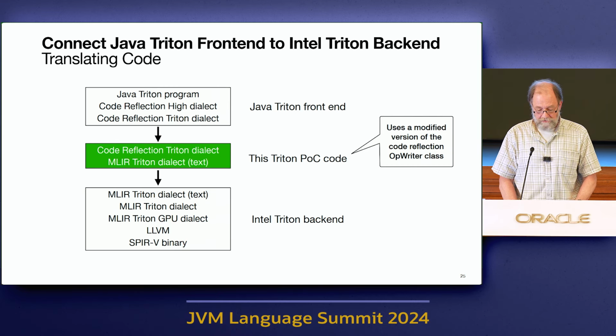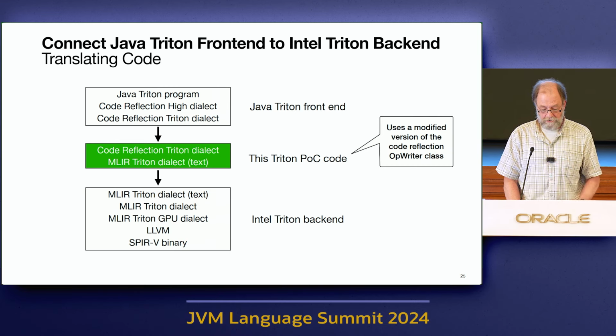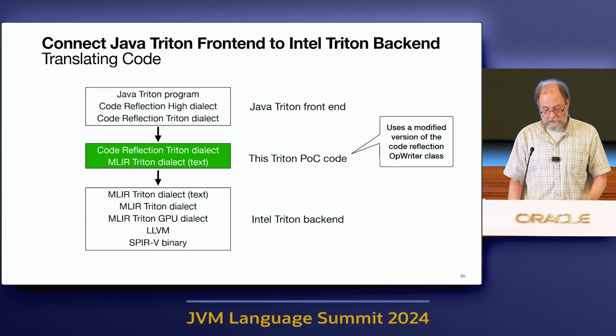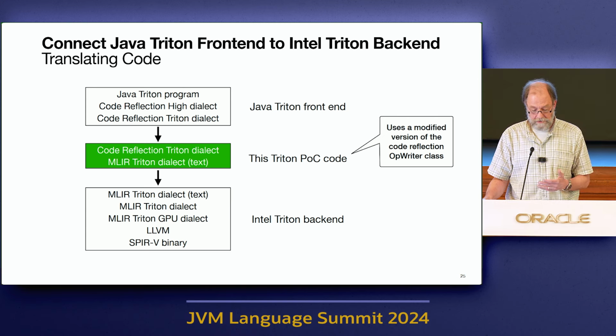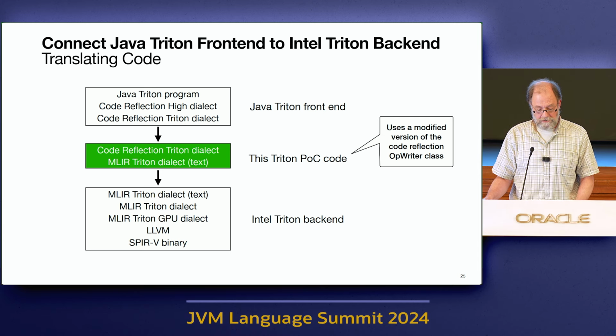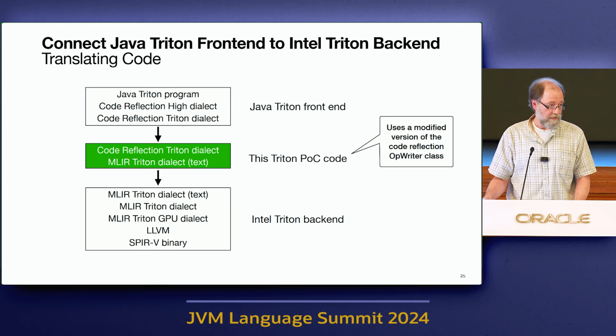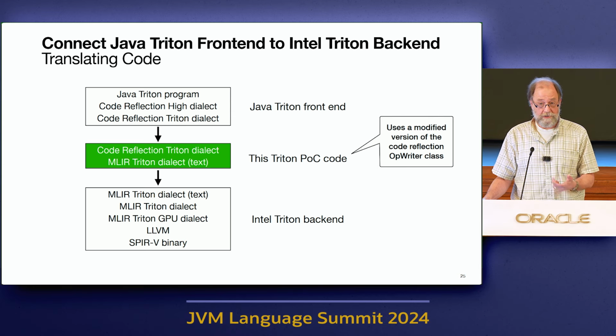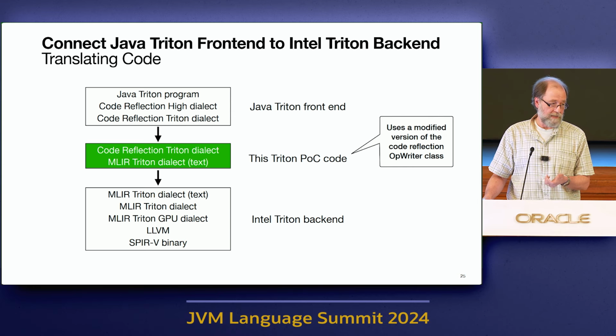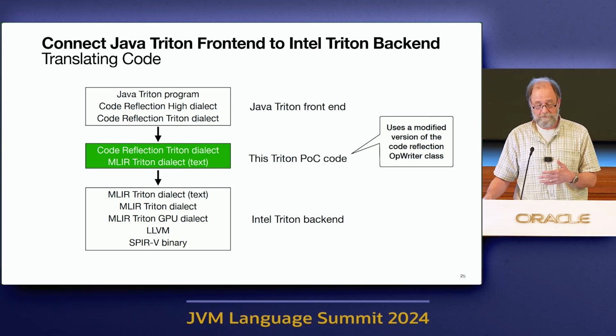This is just an overview of how the POC for hooking the two is structured. The white box on the top, we're starting with. The white box on the bottom, we're starting with the Triton front end and the Triton back end. The code in green is what my colleague wrote, and it takes the Triton code model and converts it to MLIR Triton text. We're doing it as text because it's hard to get at a builder API for MLIR that's callable directly from Java.